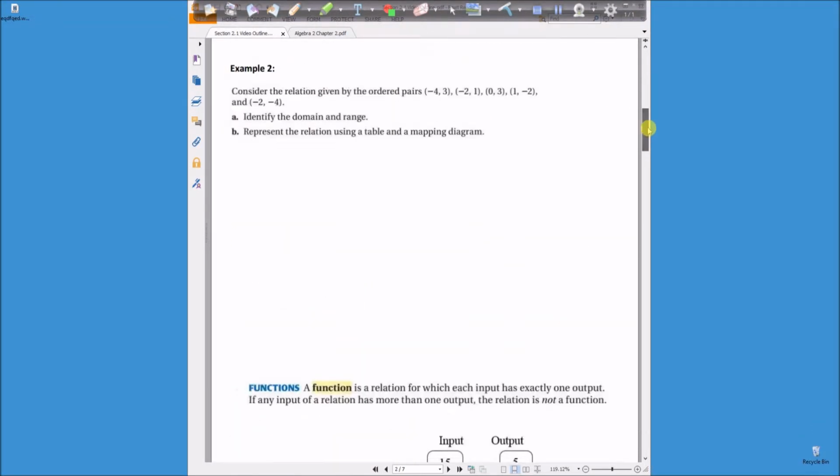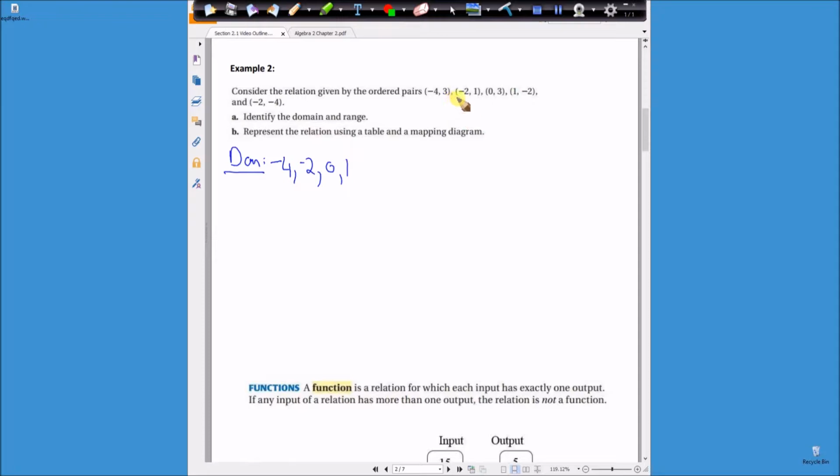Let's try another one exactly like it. I'll go a bit faster this time. Another relation, a bunch of ordered pairs, identify domain and range. So domain again are the x values. In this case, our domain, if you avoid the repeating numbers, is -4, -2, 0, and 1.